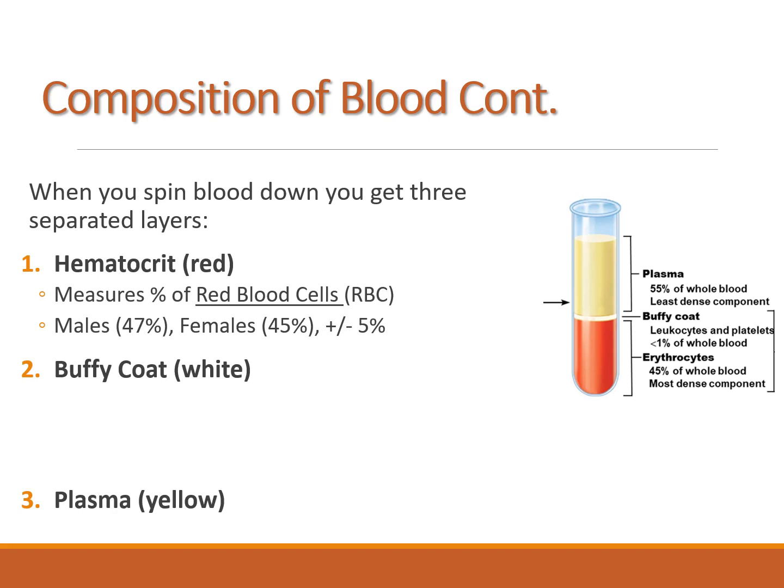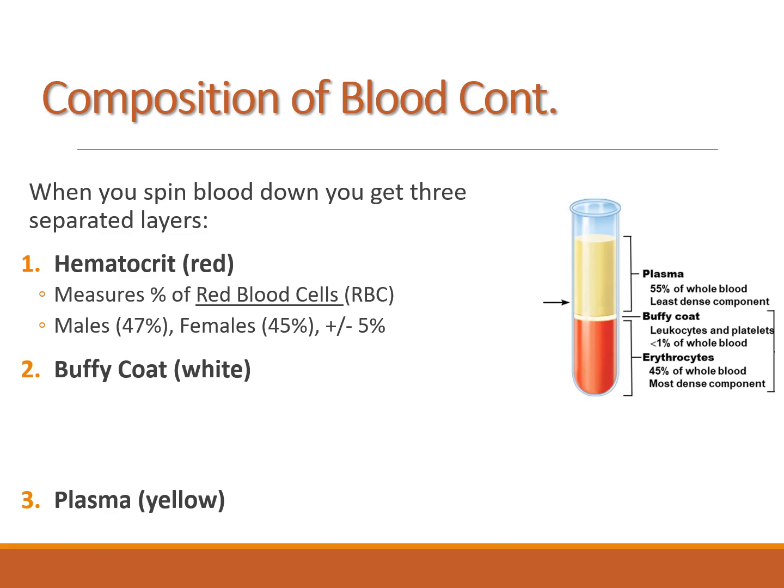We can measure the amount of red blood cells in the blood, and we call that value the hematocrit. The hematocrit is essentially a percentage: what percent of the blood is red blood cells, or erythrocytes? The average hematocrit you're looking for is in the mid 40%, so 45%, 47% for males, and a range of plus or minus 5% can be normal.